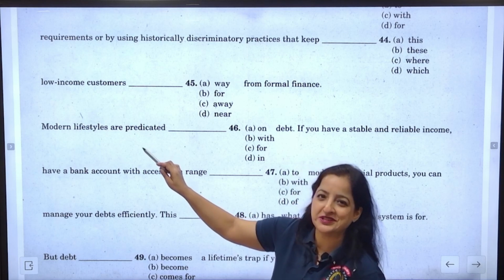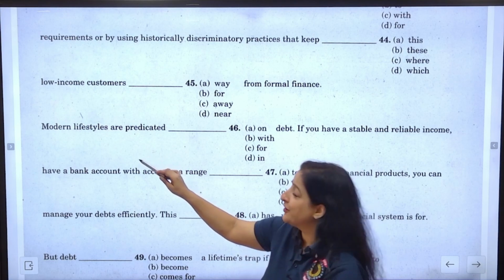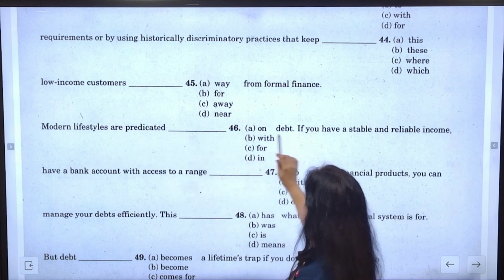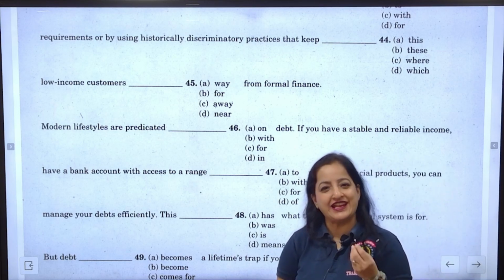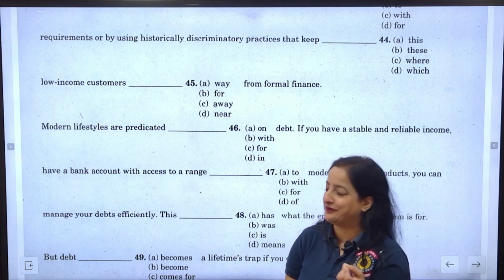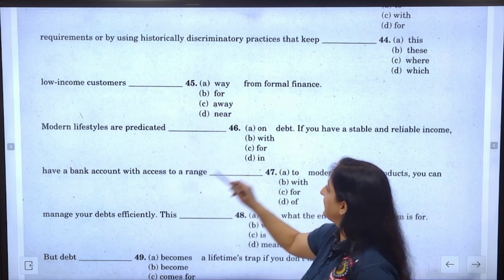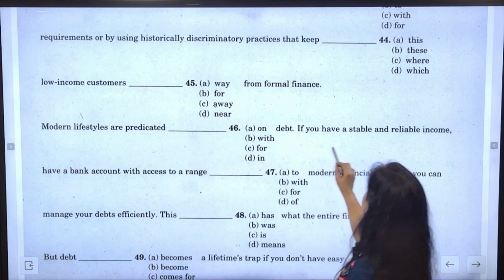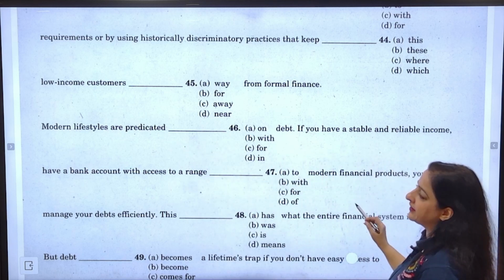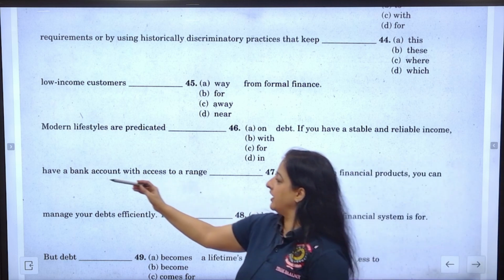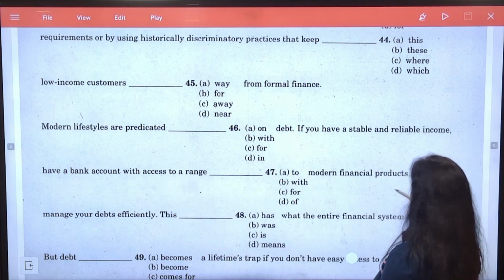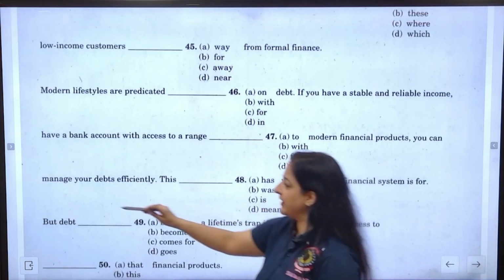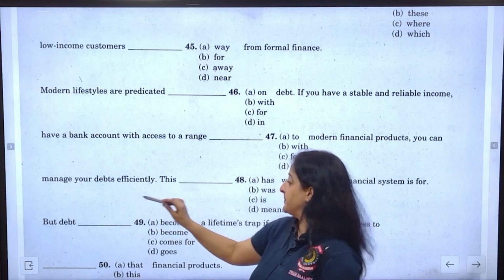This is not predicted, predicated. Modern lifestyles are predicated debt. And this is not debt. This is debt. The B is silent. Modern lifestyles are predicated debt. If you have a stable and reliable income, have a bank account with access to a range modern financial products, you can manage your debts efficiently.